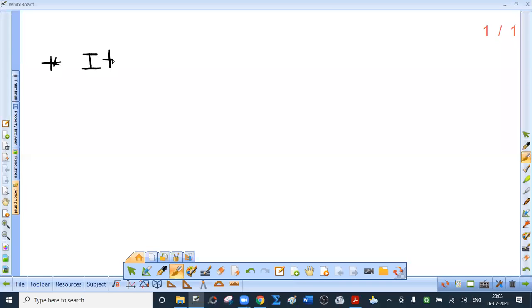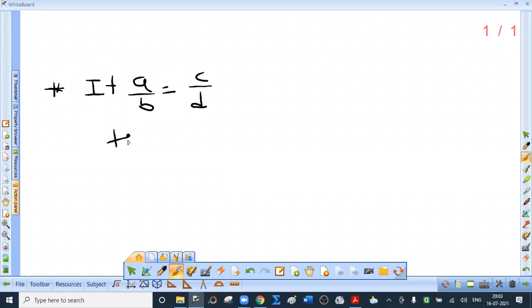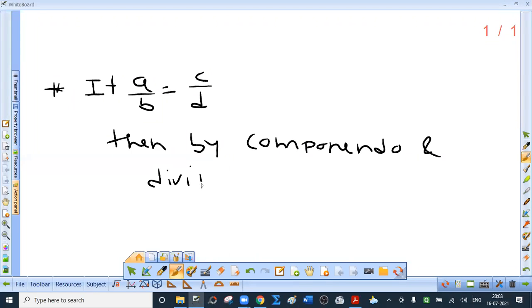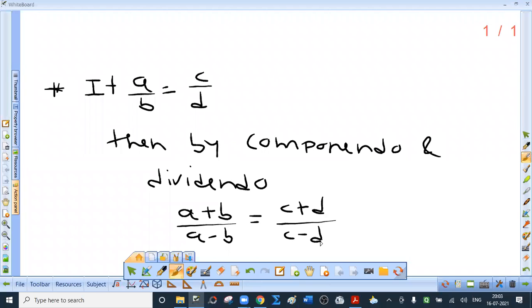So if you are interested, write down: if A upon B equal to C upon D, then by componendo and dividendo, A plus B upon A minus B, that is numerator plus denominator upon numerator minus denominator, on both sides. Okay, so we get this.